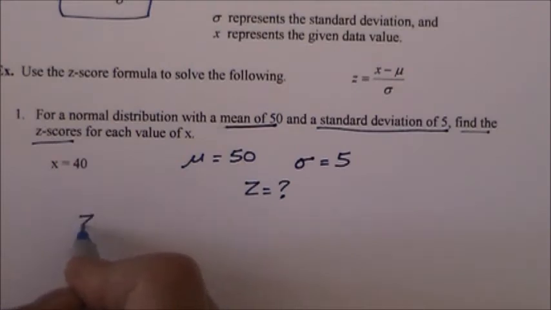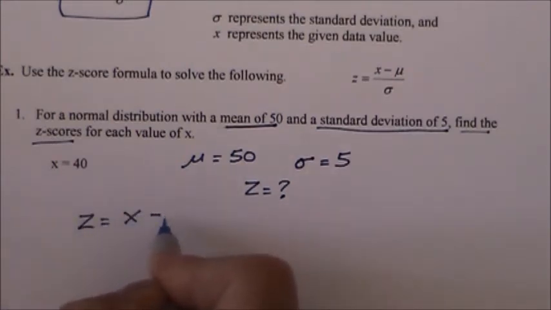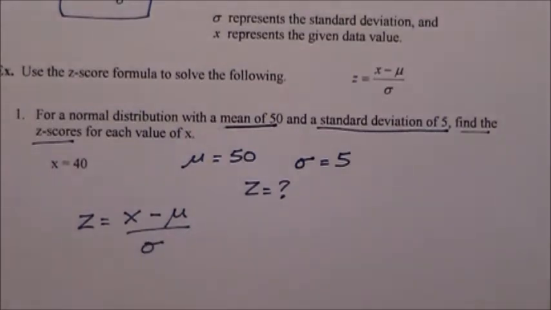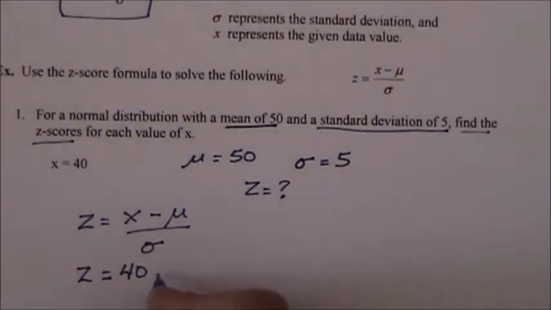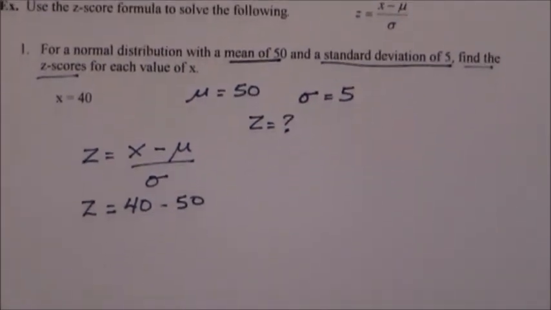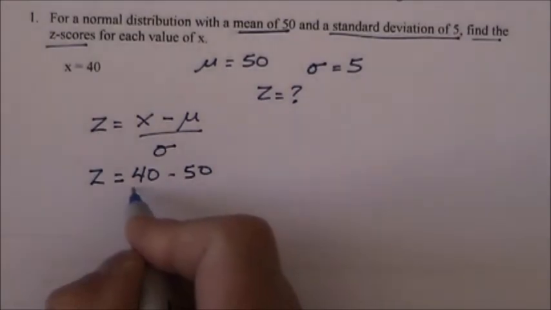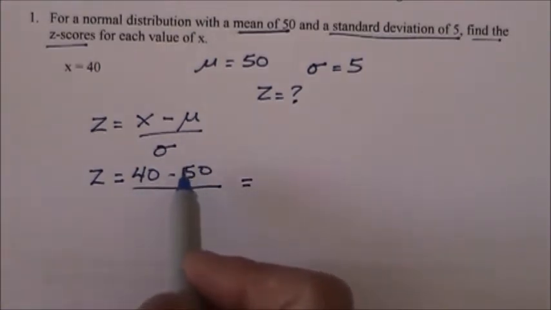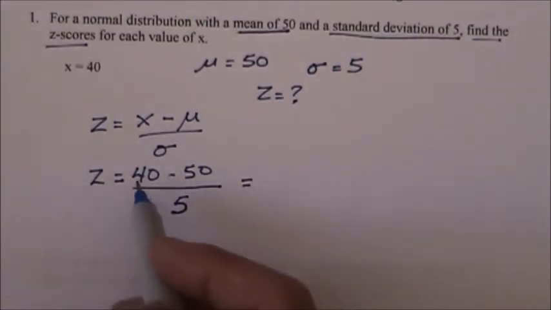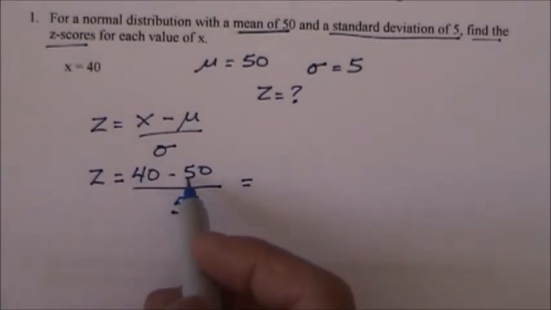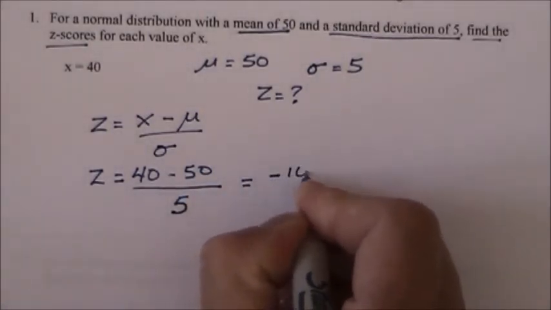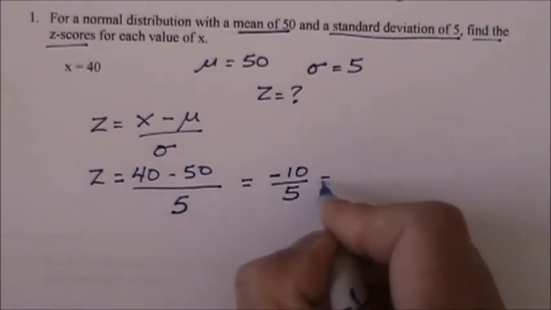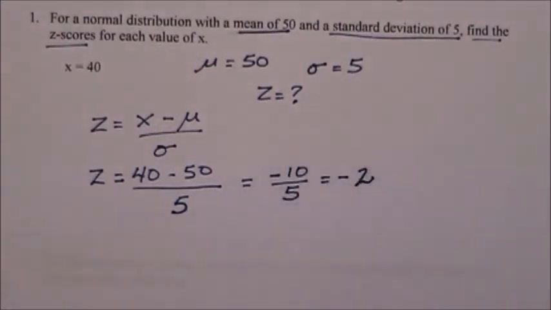As we look at our formula, z is equal to x minus our mean divided by our standard deviation. So z is equal to x is 40 minus our mean of 50, and then we need to divide by our standard deviation. So we're going to divide by 5. As we go to do this, you do need to calculate the top first and then divide by 5. So 40 minus 50 is negative 10 divided by 5, which gets us a z-score of negative 2.